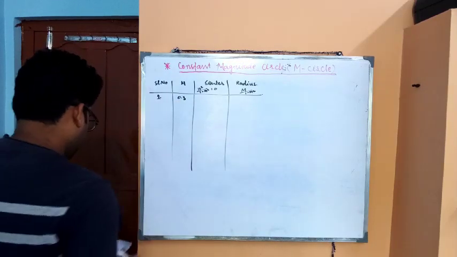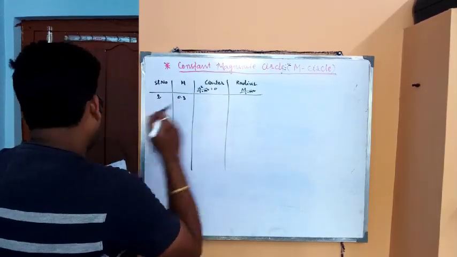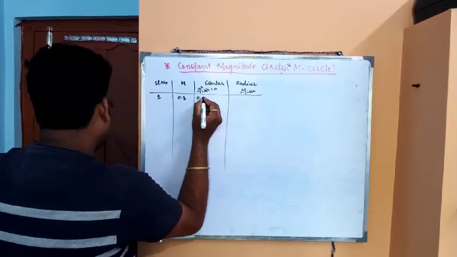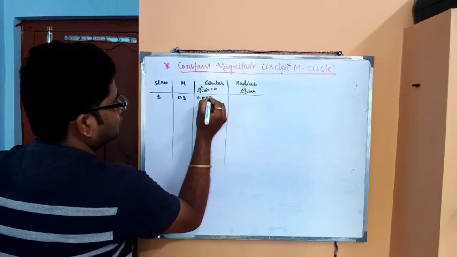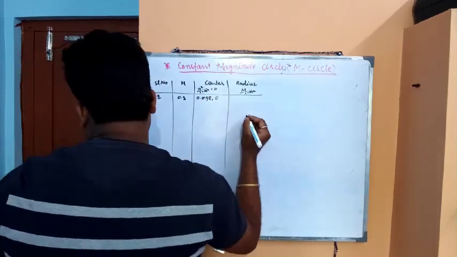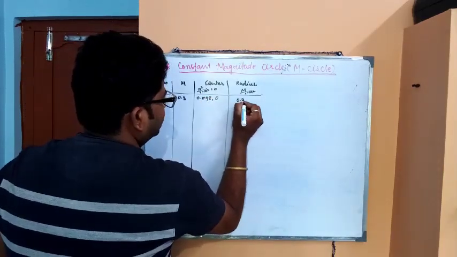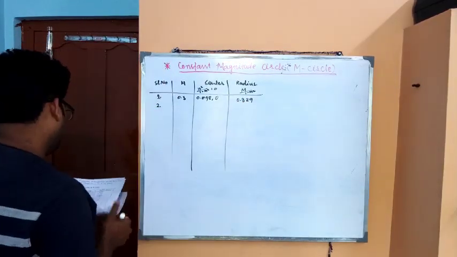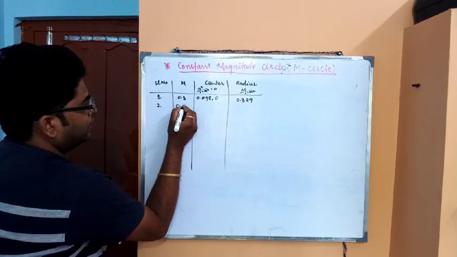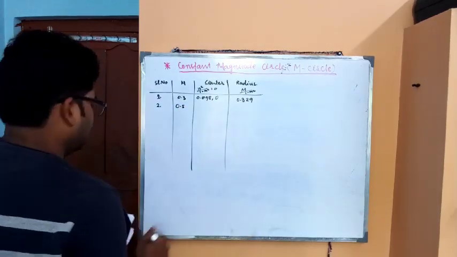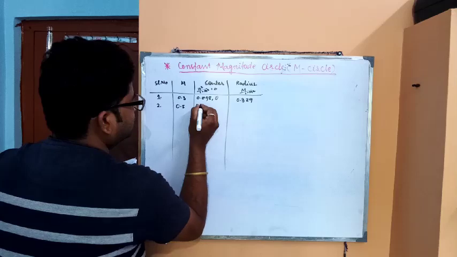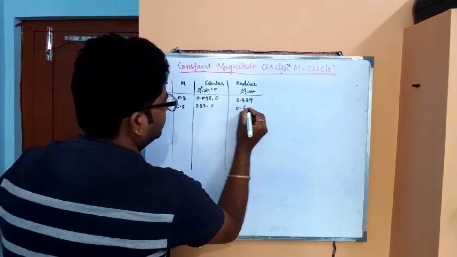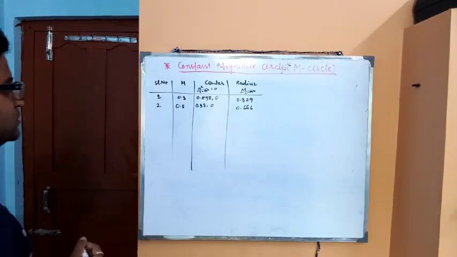With respect to this, we got the coordinate for the center 0.098 comma 0, and for radius 0.329. Second value for m we are considering as 0.5. With this we got 0.33 comma 0 for center and 0.666 for the radius.